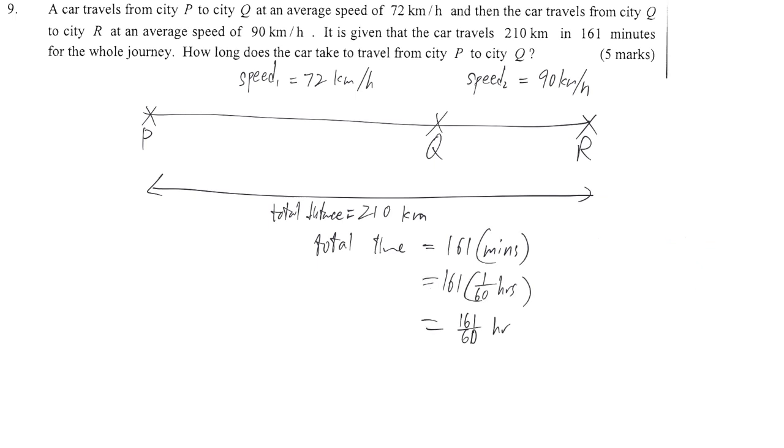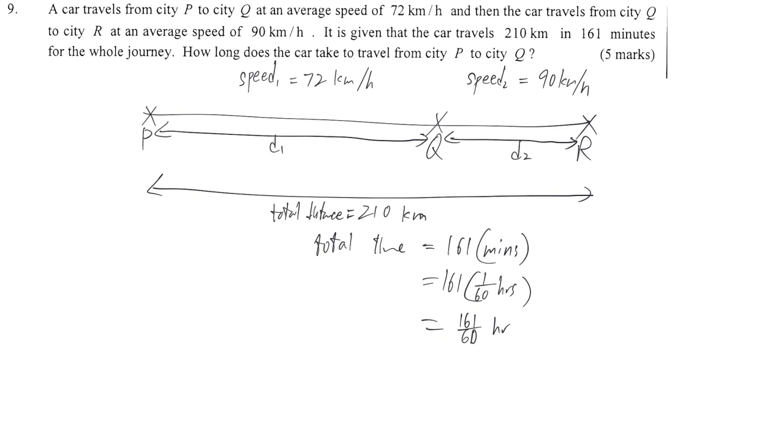After that, we try to use the information about the speed. In order to get the speed, we need to know the distance here, d1, and the distance here, d2.